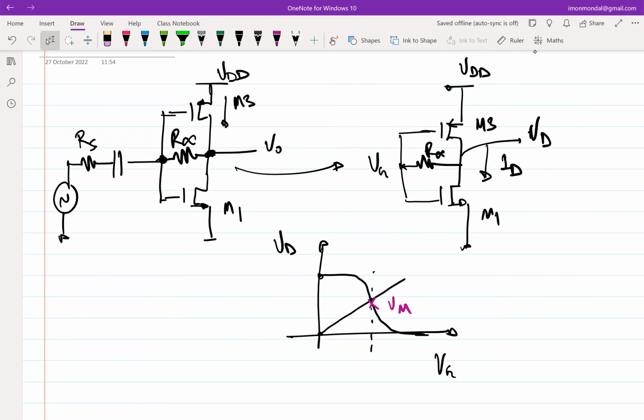Also, if the threshold voltage of M1 or M3 changes, let's assume that under some condition you have ID of 1 milliamp. And let's say the threshold voltage decreases for both M1 and M3. So what do you think will happen to this ID?